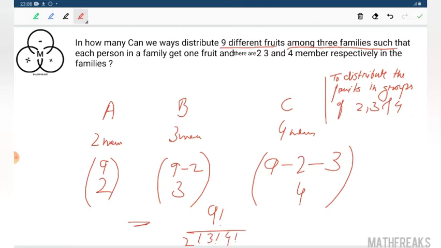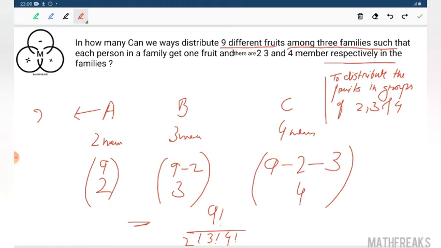Now we will not multiply it with 3 factorial. Their arrangement is not 3 factorial because their arrangement is unique. Their arrangement is unique because it is given respectively. It cannot happen that family B is having 2 members because it is given respectively. It is already given that it is the respective case.